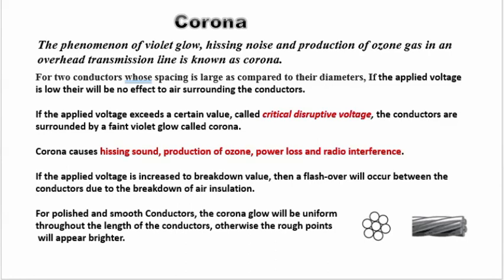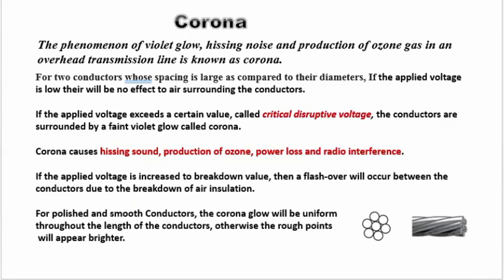But if we increase the applied voltage up to a certain value known as the theoretical disruptive voltage, the conductor will be surrounded by a faint violet glow, and this is known as corona effect.